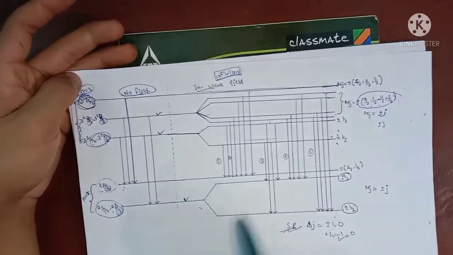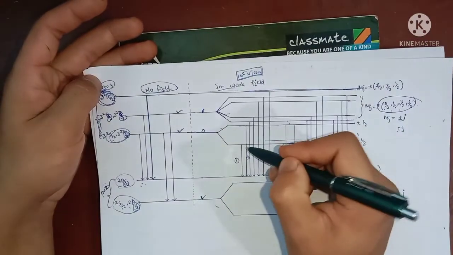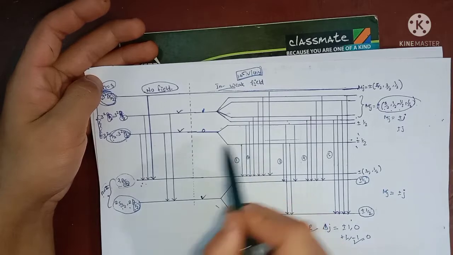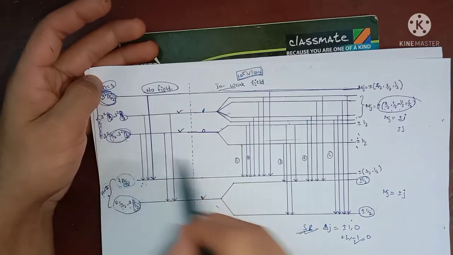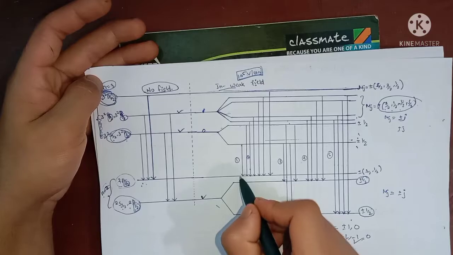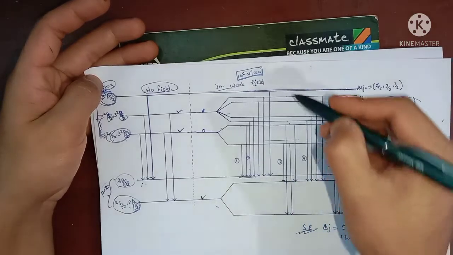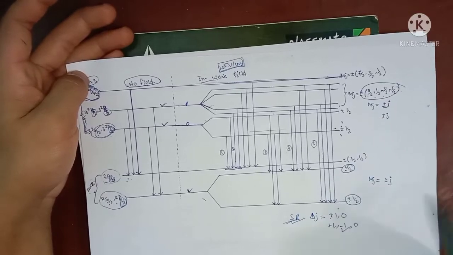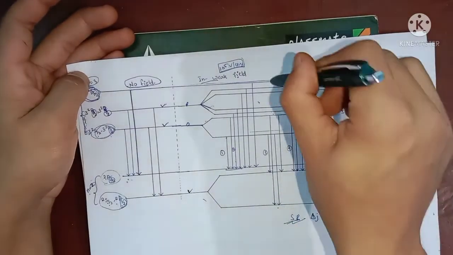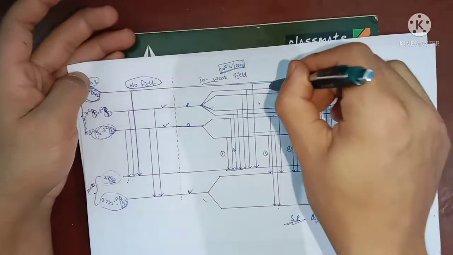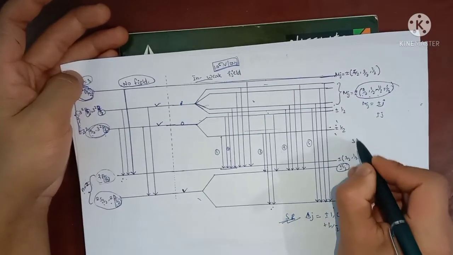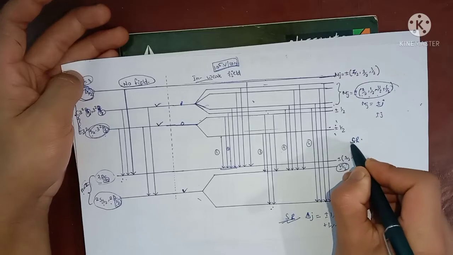So if we get a transition from 2S 1/2 to 2P 1/2, then we get a transition up to here. By seeing this diagram, you all know that we get a transition from a higher energy level to a lower energy level. So it follows the selection rule, mostly.